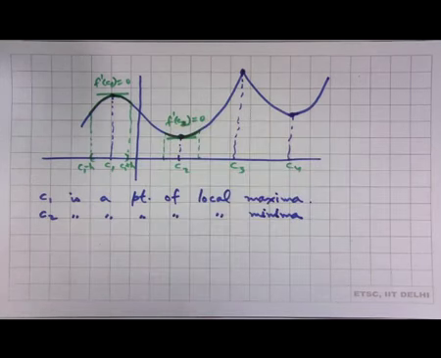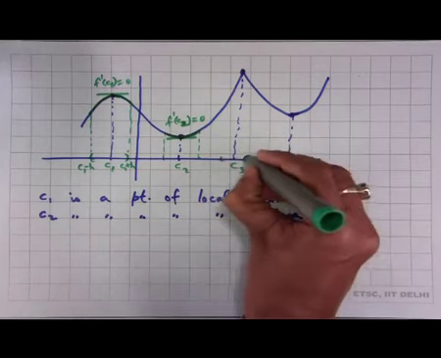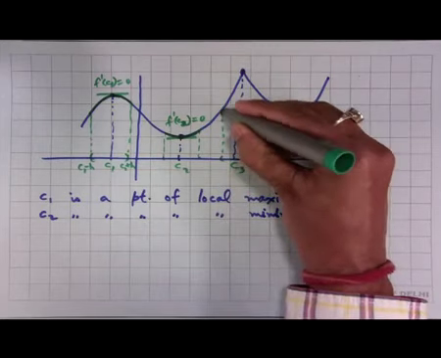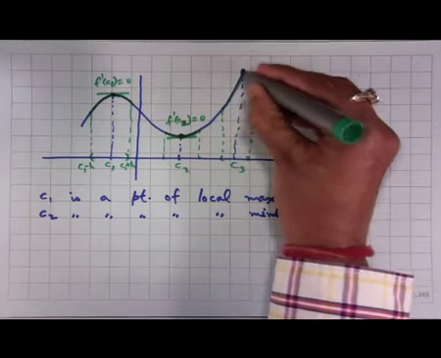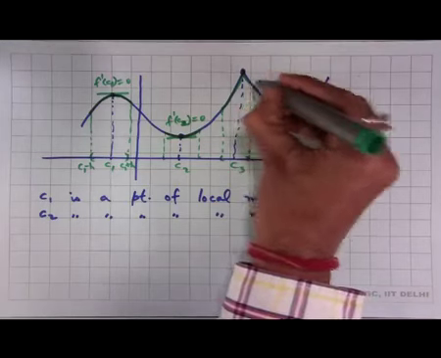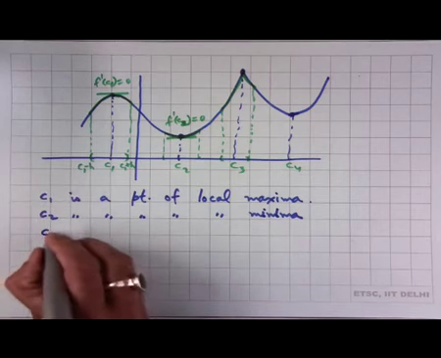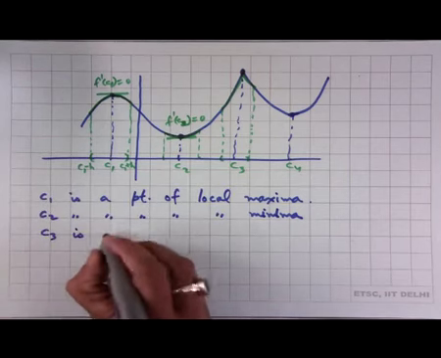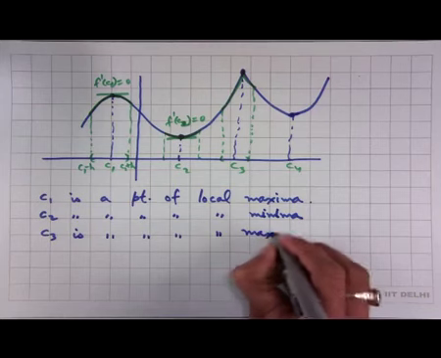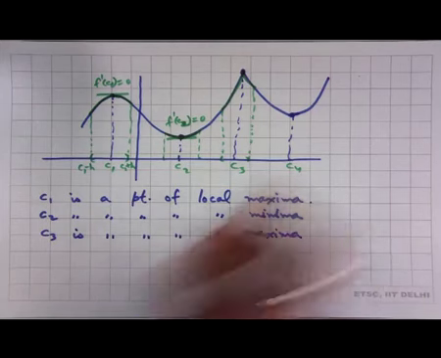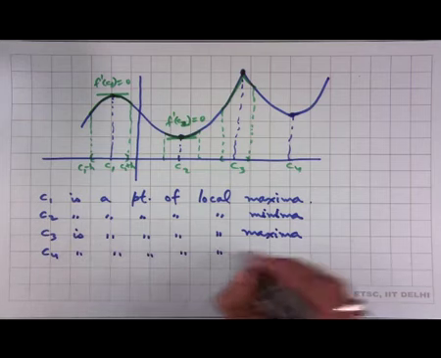Now, if we look at C3, if I take an interval C3 minus h to C3 plus h, then the function attains its maximum value at this point C3. So, C3 is again a point of local maximum, and C4 is a point of local minima.